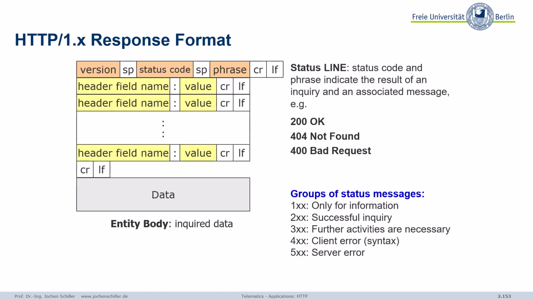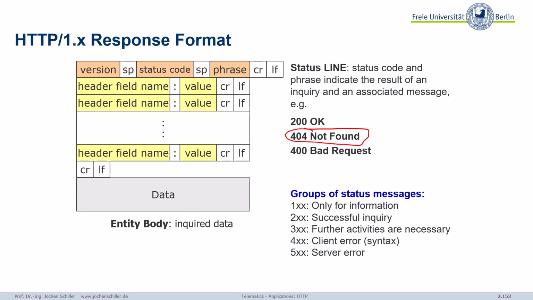So the response looks pretty similar to the request. You have this status line now. That's the response with a status code telling you everything is okay, or this very prominent 404, not found, resource not found if you ask for something that's not there. And so you have different groups of status messages for information, for something successful, or for something with an error, server error or client error, for example.